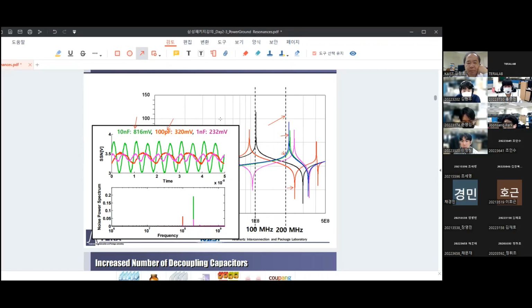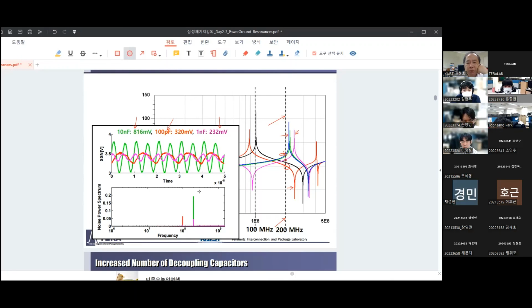And this pink line is 100 nanofarad, so resonance, anti-resonance. Depending on different decoupling capacitors, the self-resonance frequency moves to higher and higher frequencies. But at this moment, at 200 MHz switching current, the impedance of this blue line is higher than purple and red.